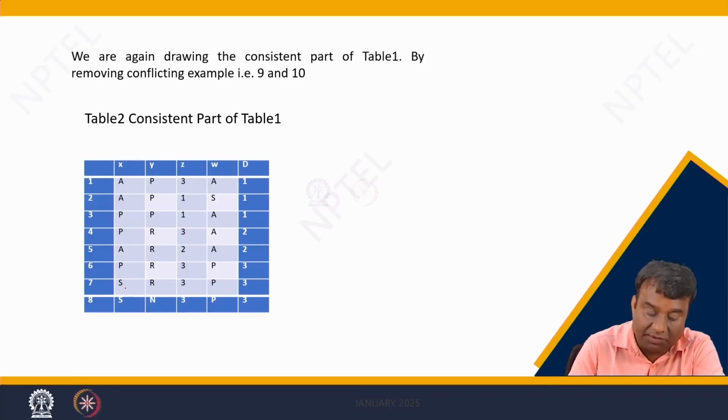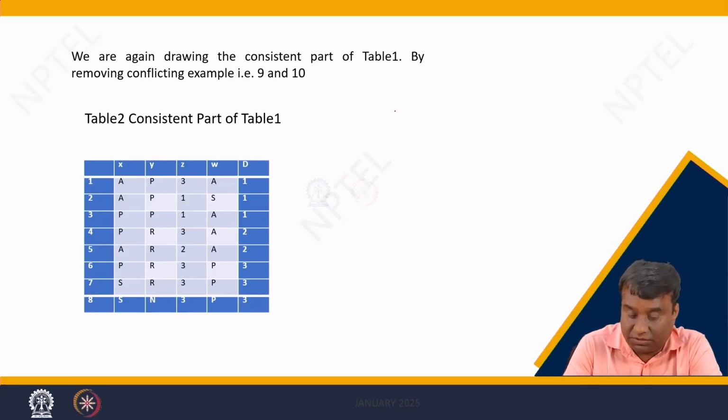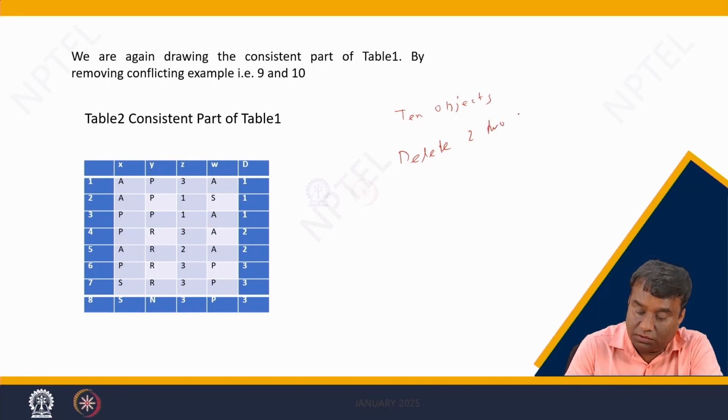So we ignore that part. Initially we start with 10 objects. We delete 2 rows because these are the boundary region, 9 and 10. So this is table 2.